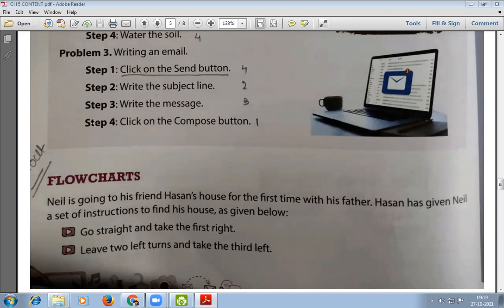Okay, so today we are going to start from flowcharts, that is present on page number 60. Okay, so let's start for today.